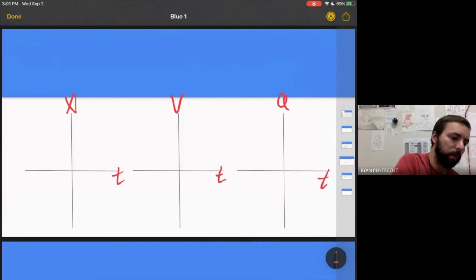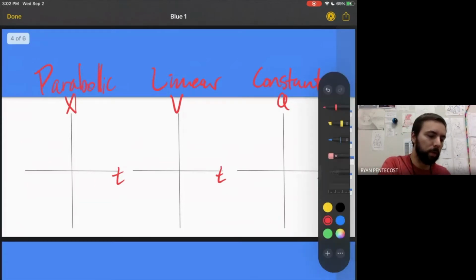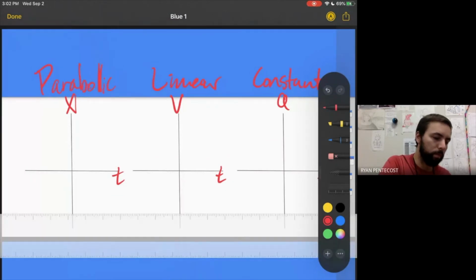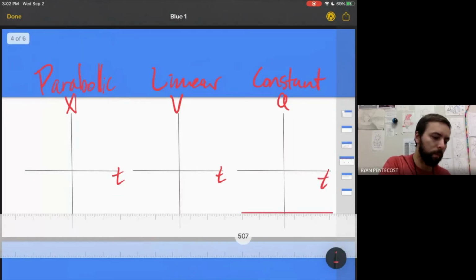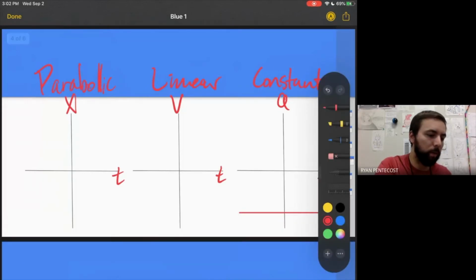And again, we will have constant acceleration, linear velocity, and parabolic position. So let's put our constant acceleration down there. Constant acceleration of negative 9.81.